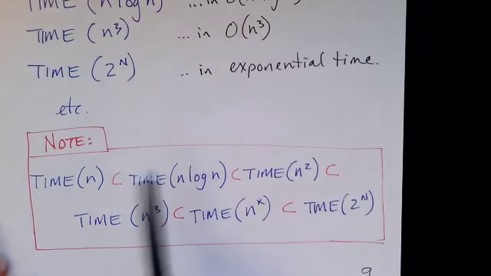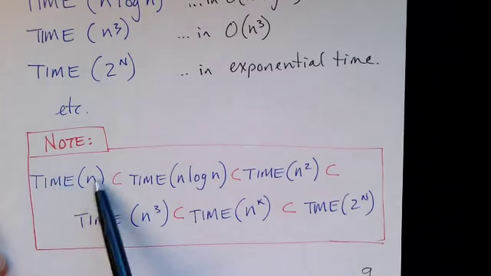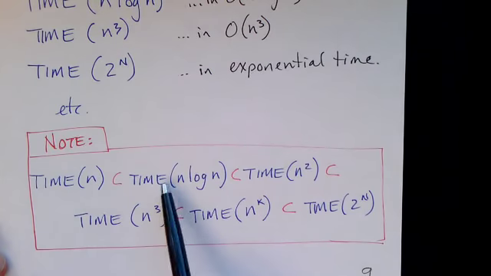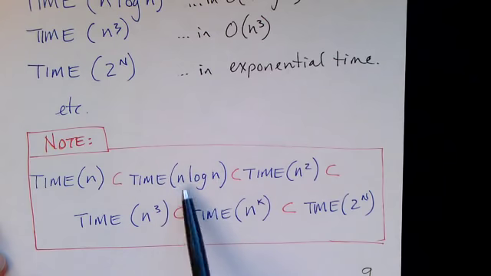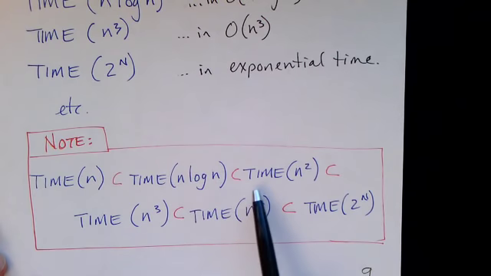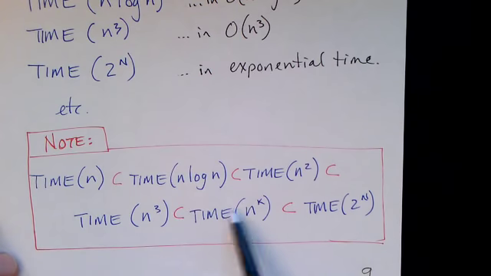So here I say that more specifically, all linear algorithms are in fact n log n as well, but there are some n log n algorithms that are not linear. Likewise, there are n² algorithms that are not n log n, and n³ is a bigger set. These are all proper subsets.